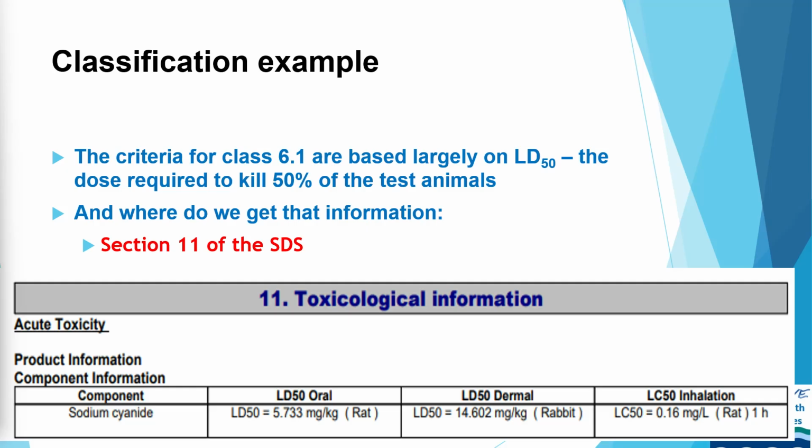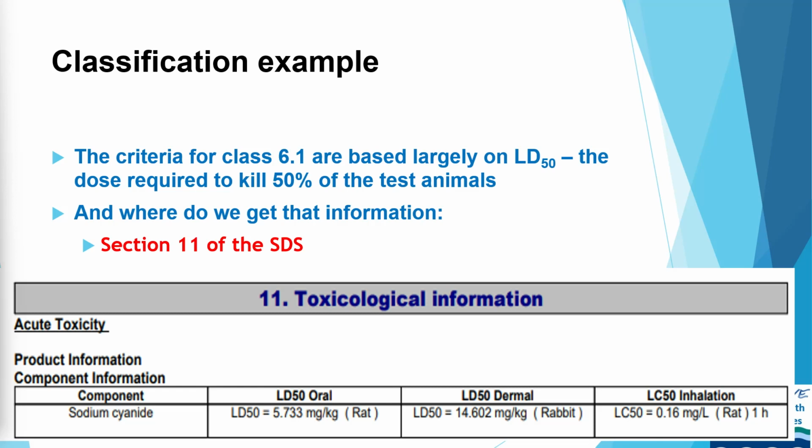The criteria for class 6.1 are largely based on LD50, the dose required to kill 50% of the test animals. And where do we get that information? Well, as with the TDG information, commonly from the safety data sheet, this time section 11.